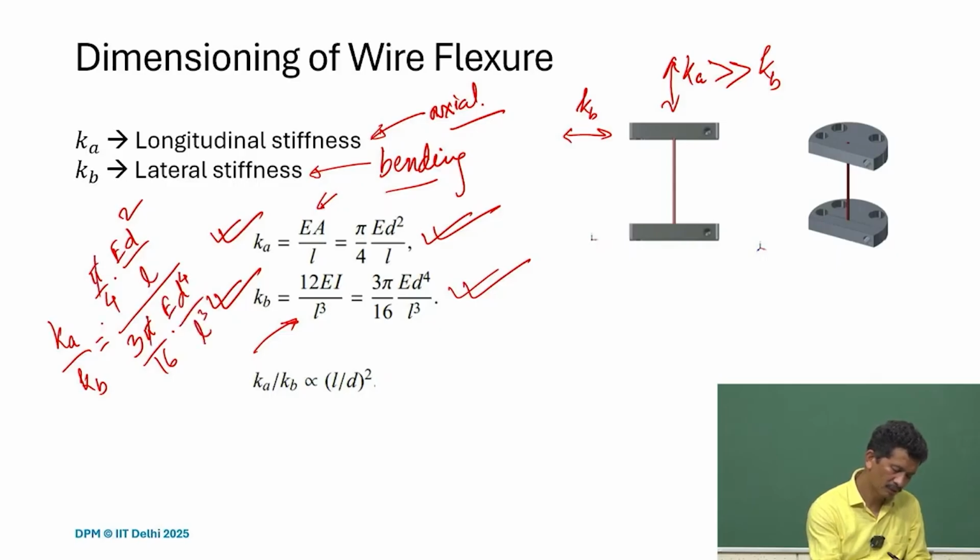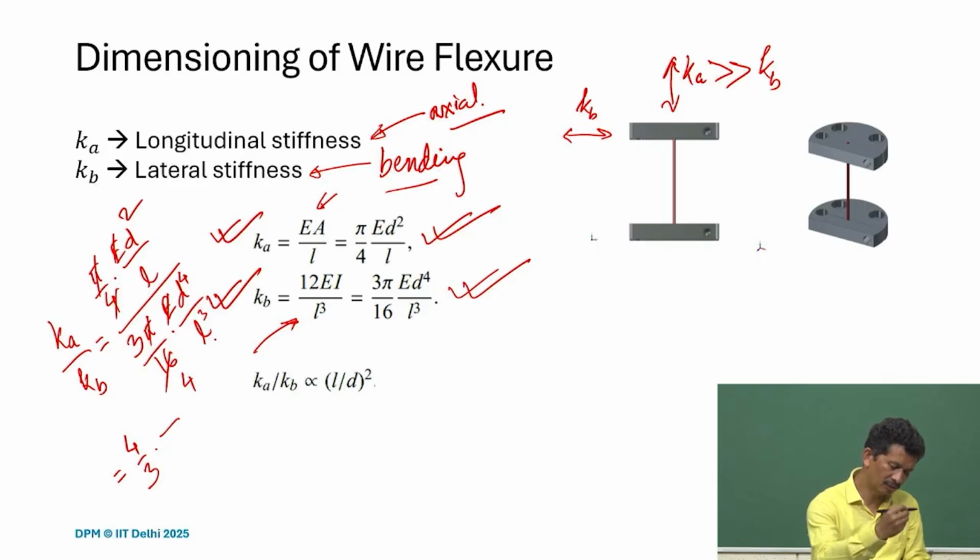So π cancels, E cancels, and when we do that, what we find is basically 4 will go above, 4 by 3, and then everything gets cancelled. d⁴ is here at the bottom, L³ in the denominator.